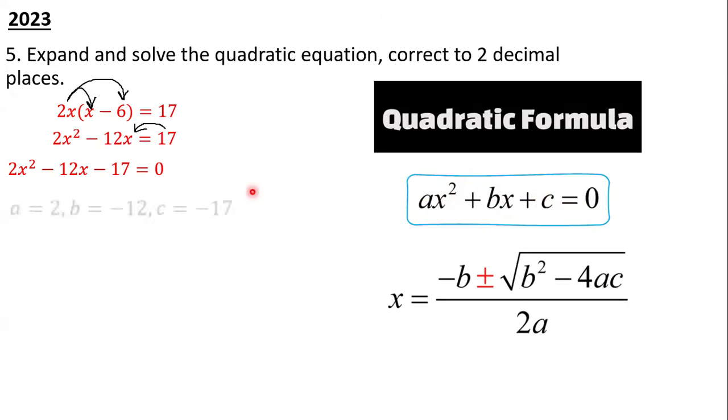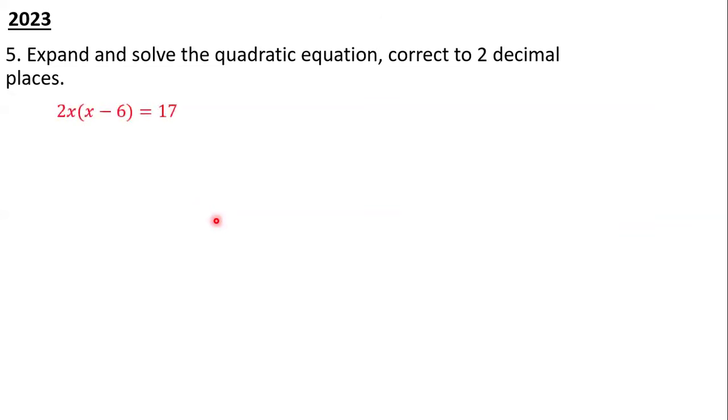Here, a is equal to 2 because the number in front of x squared is 2. b is equal to negative 12 because the number in front of x is negative 12. And c is equal to negative 17. That's the constant, right? That's c. And so what we're going to do is substitute.